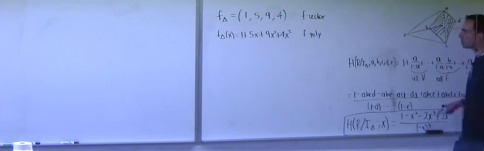So this is good, right? And this is a good reason to have computers right in front of you. So what is it? 1 plus 2x plus 2x squared, over 1 minus x cubed. And so that means that this guy must be the h polynomial of our simplicial complex. Okay? So that'll be a sanity check.